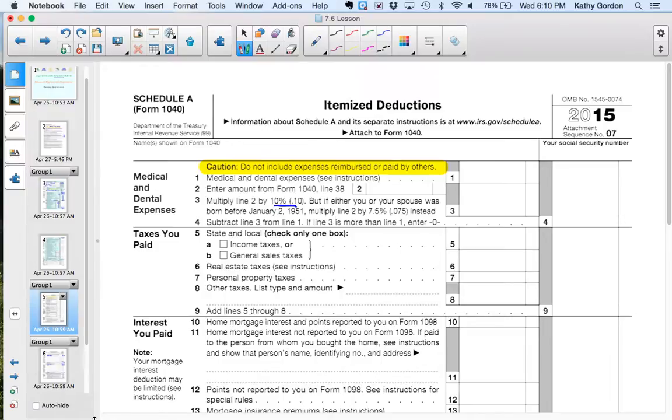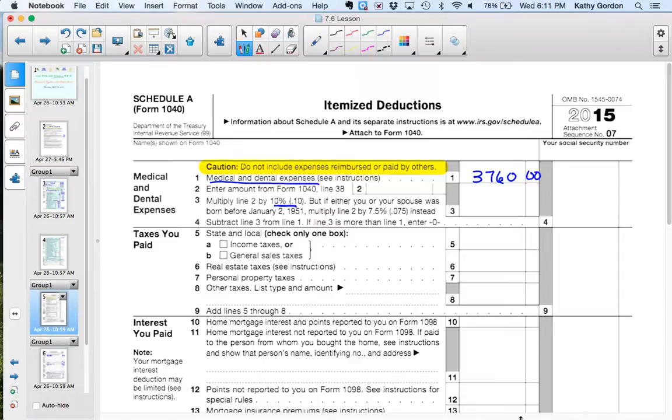So we are going to start by writing down the medical and dental expenses that the O'Sullivans had to pay for. So that's that 3,760 amount, not the full 18,800. Okay?